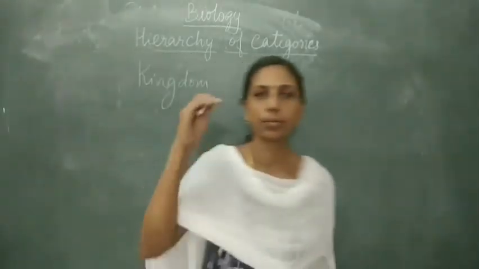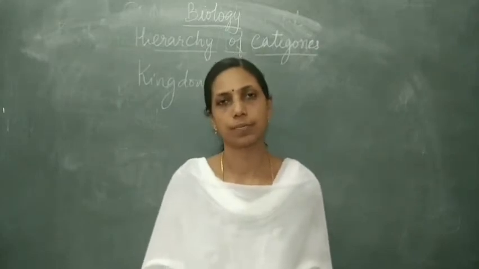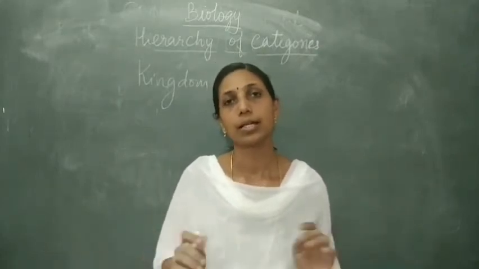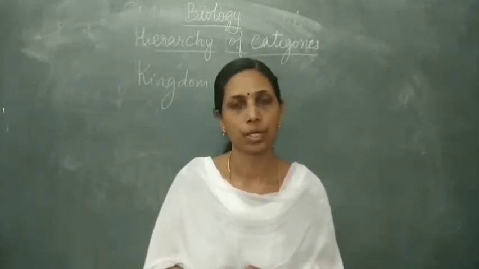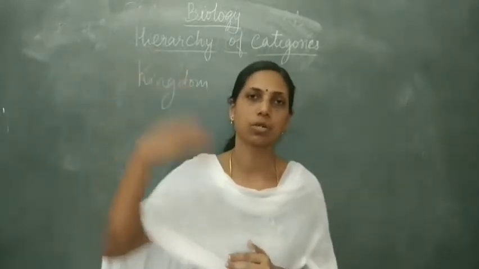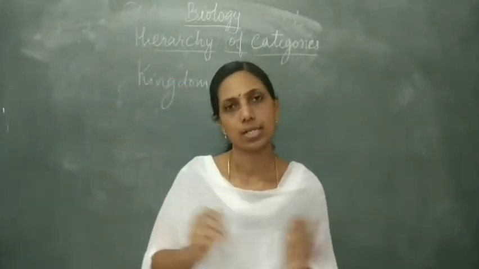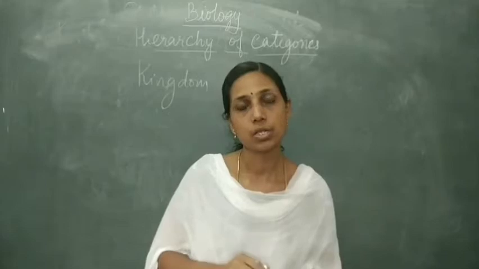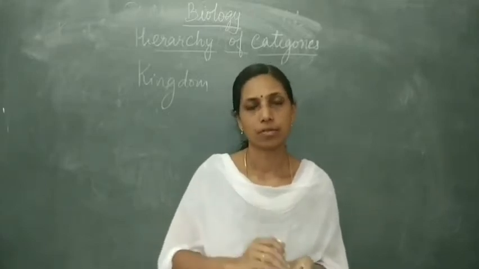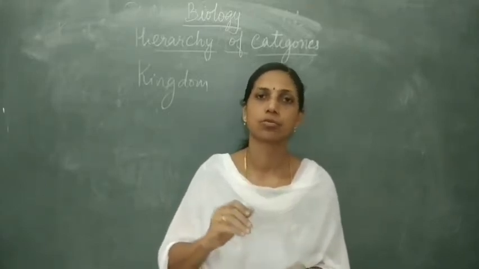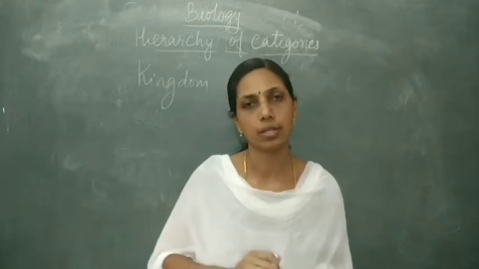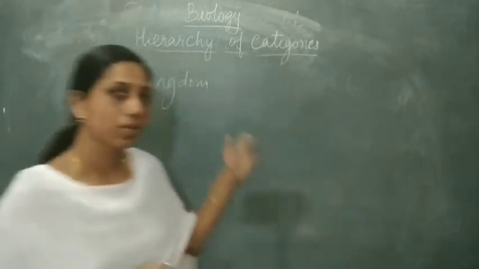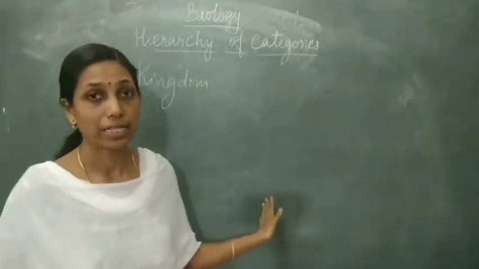As we come from kingdom to species, the similarities are more, and as we move from species to kingdom, the similarities are lesser and lesser. Species is the lowest level of classification, or the unit of classification. So first we will see the obligatory categories.